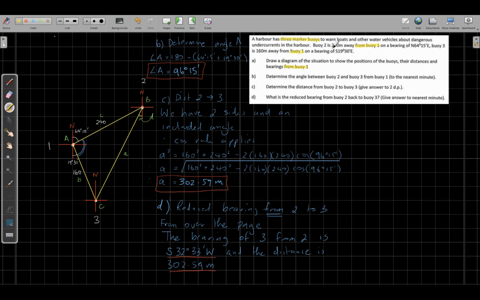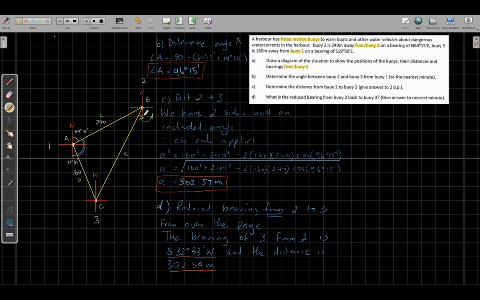So to draw buoy 2, it's 240 away on a bearing of north 64°15'. So 64 degrees is about 2/3 of the way around, and I drew in my 240. Okay, put another point there, drew another set of compass arms in.